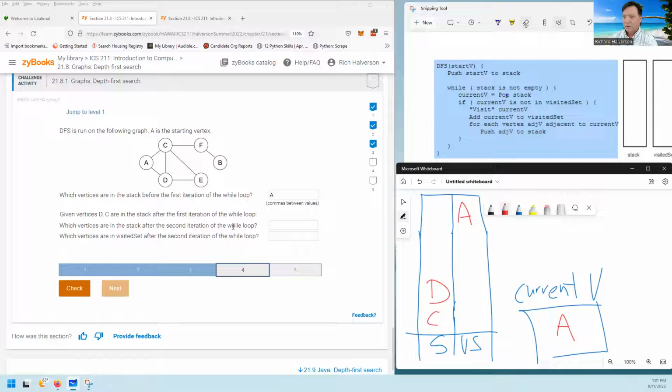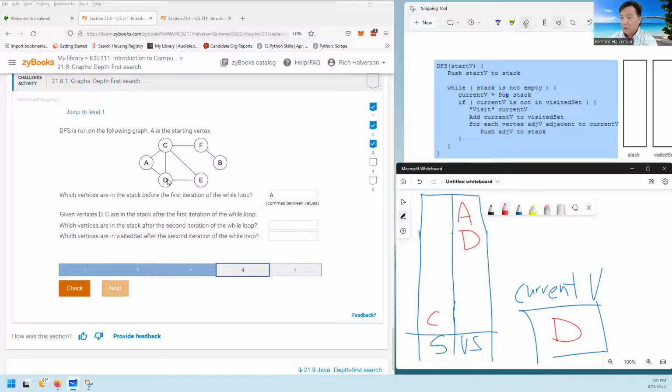Given the vertices on the stack, what are the vertices after the second iteration? Okay, in the second iteration, it's going to pop off the D and put the D in here. D is not in there, so it goes into here. And all of the nodes around D are going to get thrown into the stack.